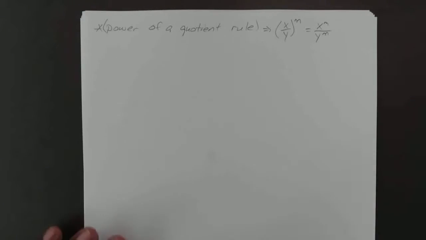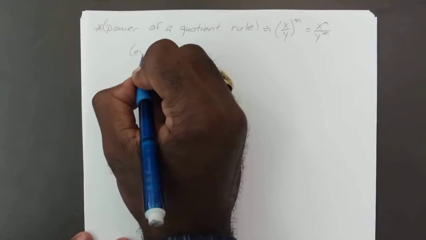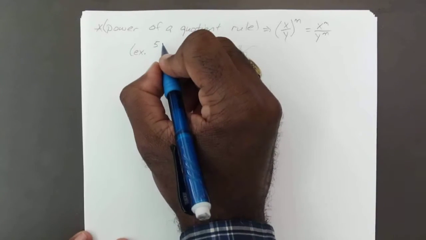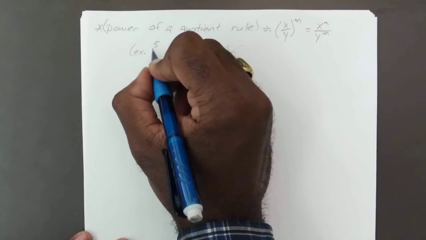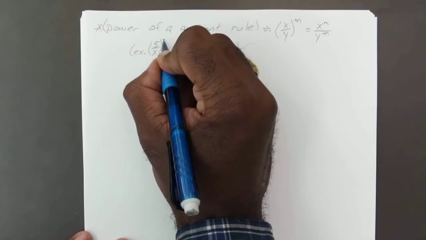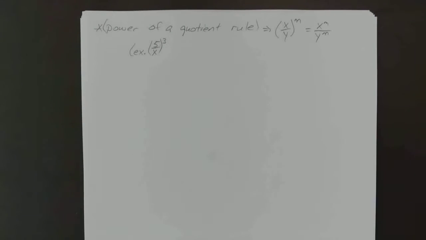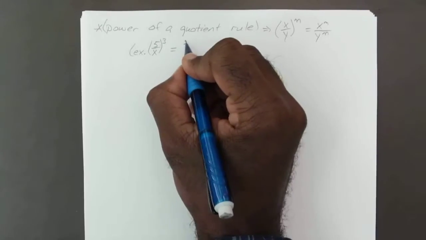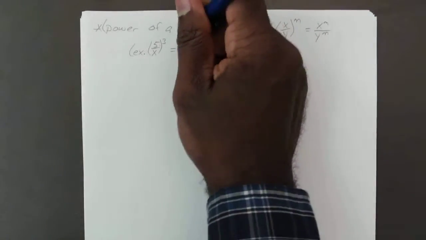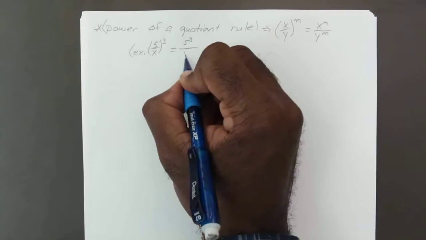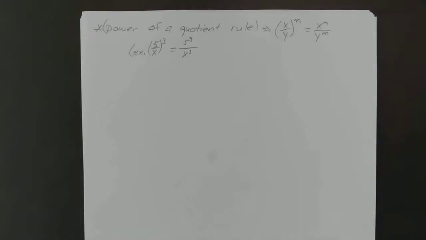Okay. So for example, if you have, let's say, 5 divided by x to the power of 3. Okay, and that's going to equal 5 to the third over x to the third, or 125 over x to the third.